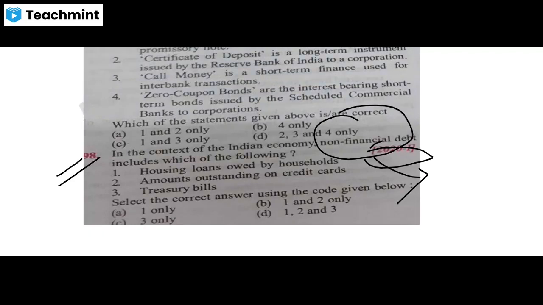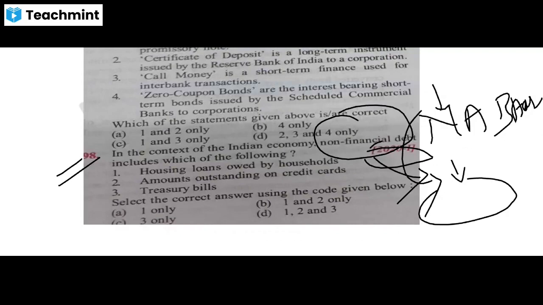What is non-financial debt? If you know what financial debt is, then you can easily solve this question. Financial debts are those debts which are taken by one institution or organization to re-lend. Suppose NABARD is taking some debt from other banks and re-lending that money in the market.